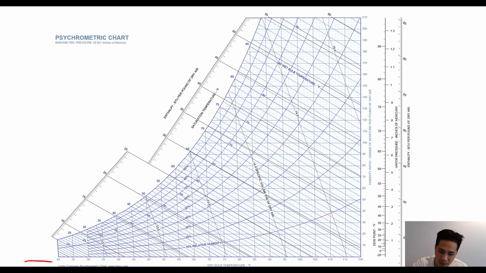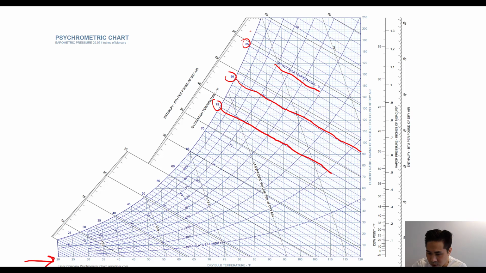So here on the bottom is the dry bulb temperature of the air. And if you look here, the wet bulb temperature, these are all indicated right here. This is the wet bulb temperature, and they actually move along a diagonal line, such as this right here.